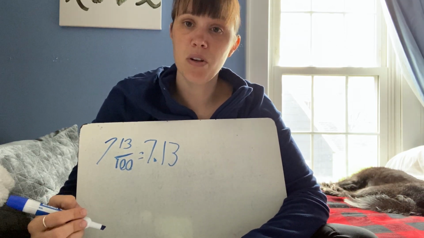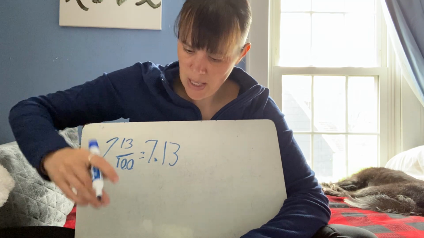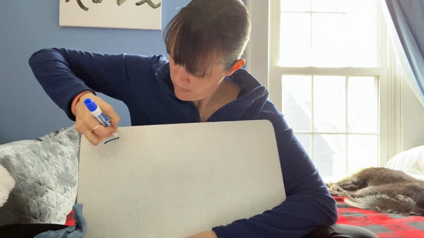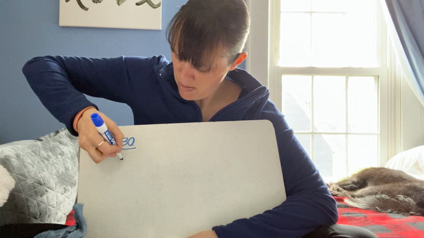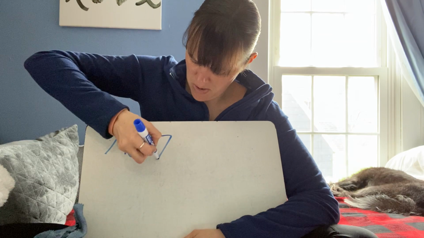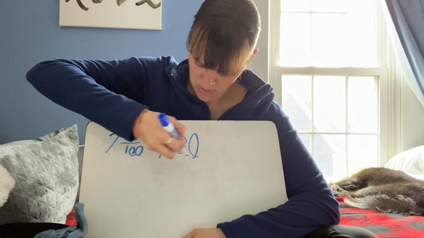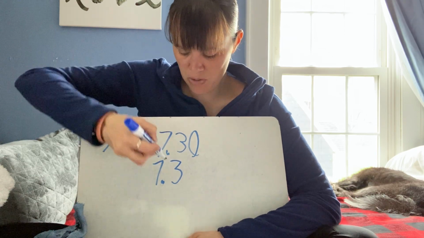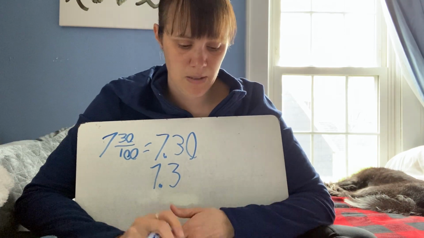And then this bottom one is the one that has 2. 7 30/100 is the same as 7.30, right? And 7.3, because this is 7 30/100, and this is 7 3/10.